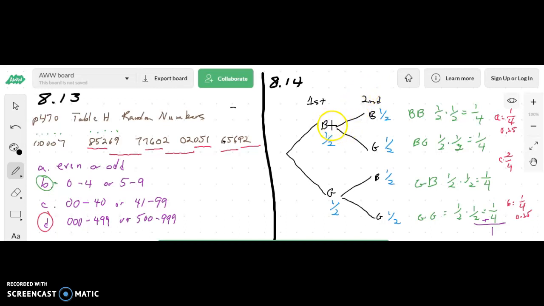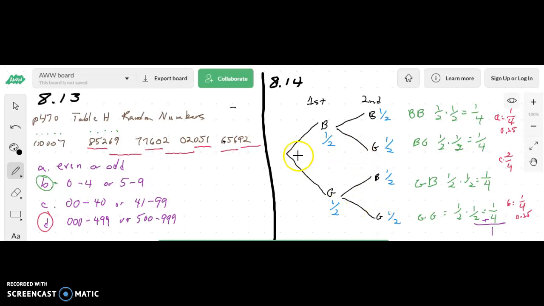So if the first child is a boy, then there's a 1/2 probability that the second one is a boy and a 1/2 probability that the second one is a girl. Or if the first child was a girl, the probability that the next child is a boy is 1/2, and the probability that the next child is a girl is 1/2.